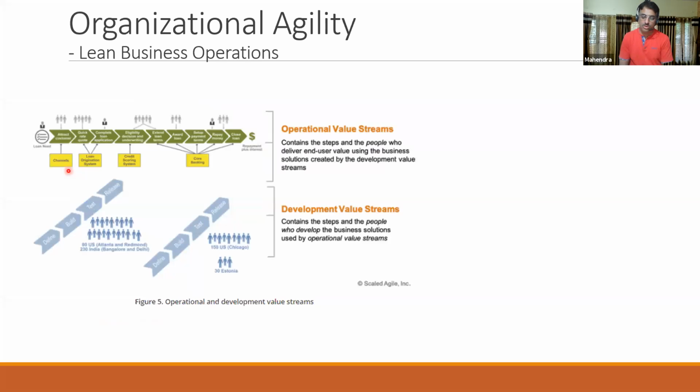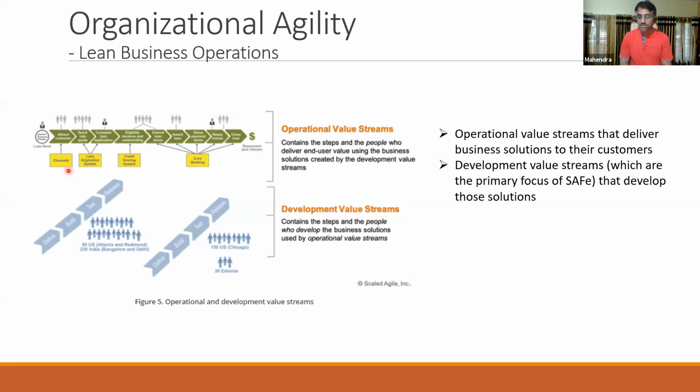So there are two types of value streams. One is an operational value stream and the other is a development value stream. The operational value stream is the one which delivers solutions to their customers, like what I was mentioning, retail. So retail is one of the operational value streams. However, you will have multiple other development value streams which develop solutions which enable the operational value stream.